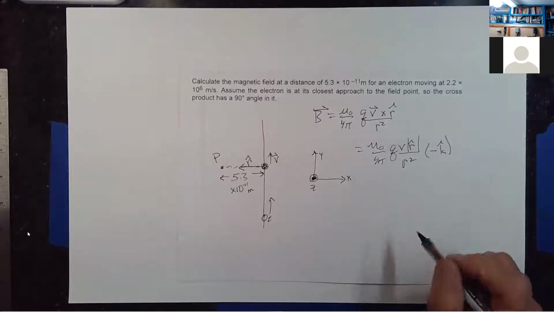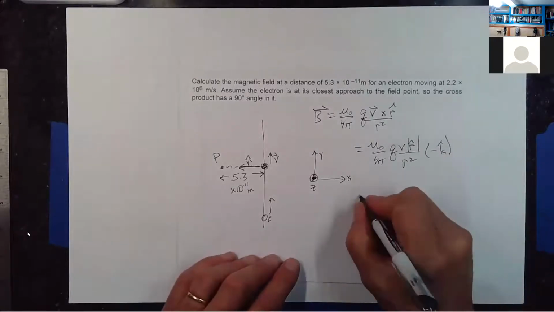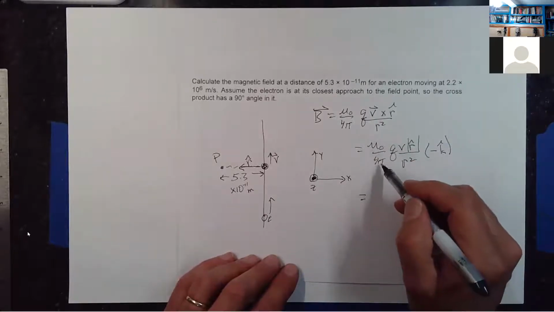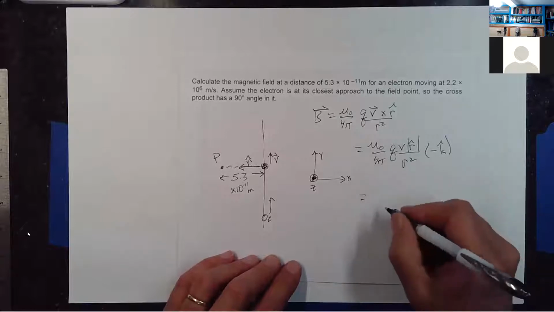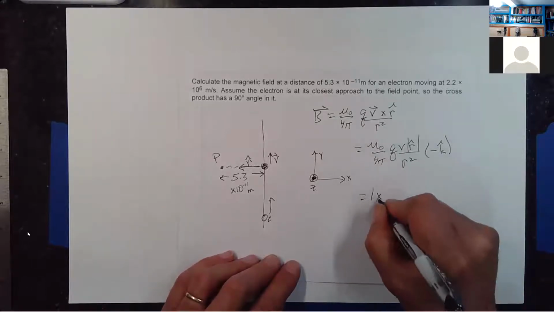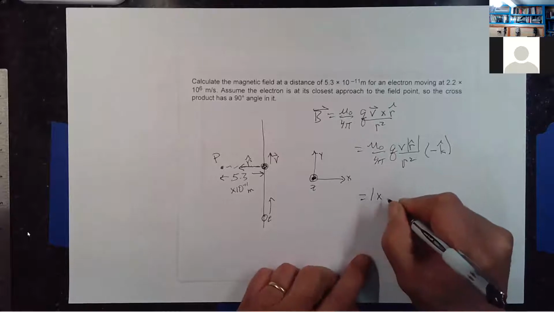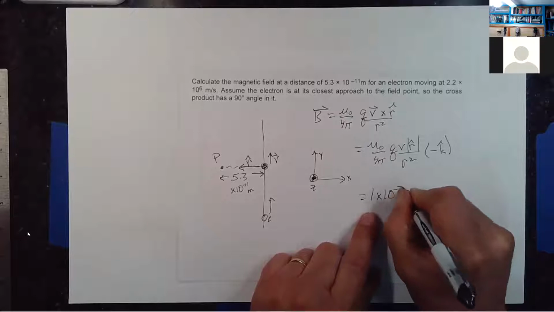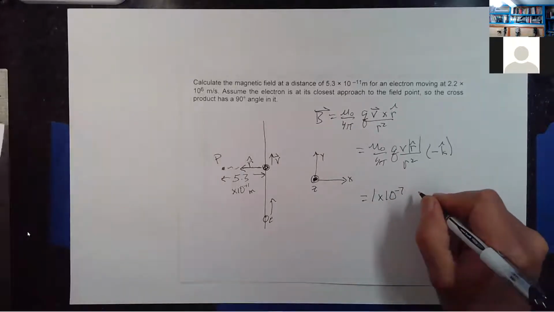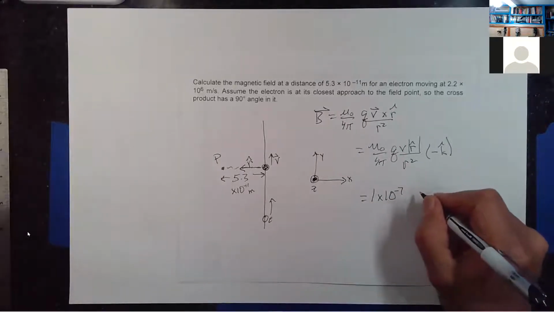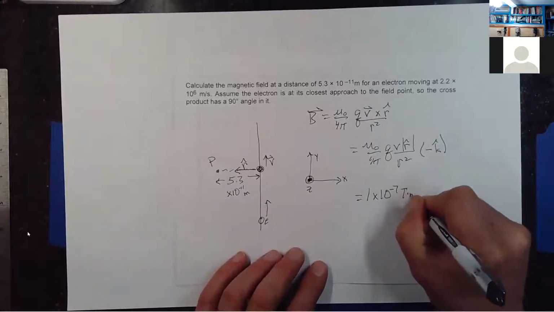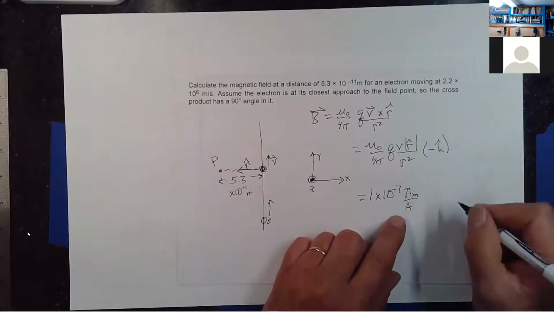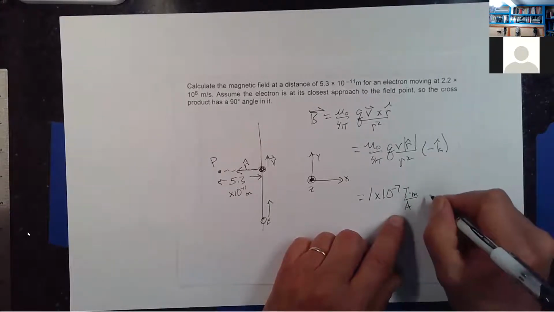So now we can just plug in the numbers to see what we get here. 4 pi times 10 to the minus 7th divided by 4 pi is equal to 1 times 10 to the minus 7th. And there's an infinite number of significant figures on that, just like there is on pi. And I can never remember the units of this one. Tesla meters per amp. Must be some nicer way to express that, but I can't think of it.